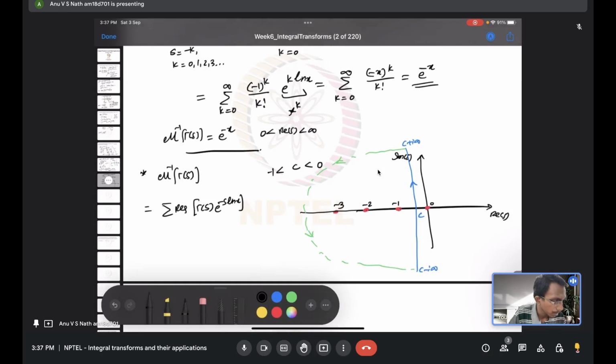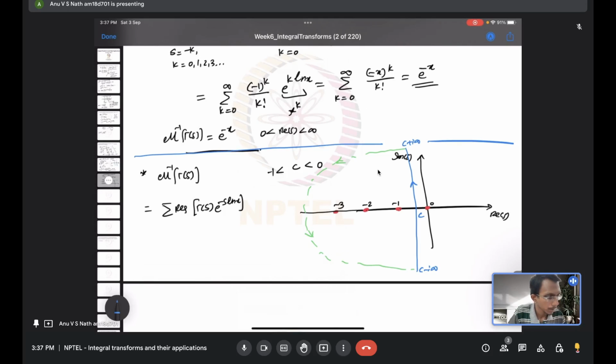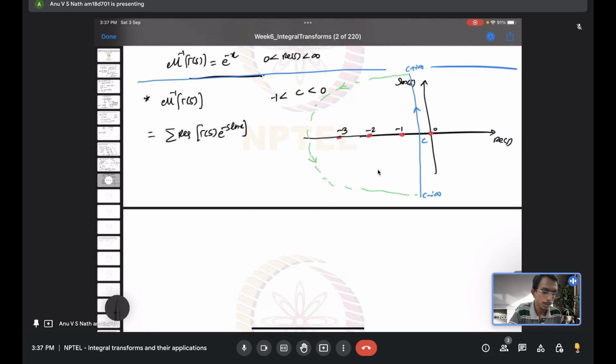Since the contour is closed on the left side and we take c to lie between minus 1 and 0, only the values minus 1, minus 2, minus 3 are inside the contour and 0 is outside the contour. According to Cauchy's theorem, or the residue theorem, we only need to consider those singularities which are inside the contour, so we don't need to take account of 0. So this will do the trick.